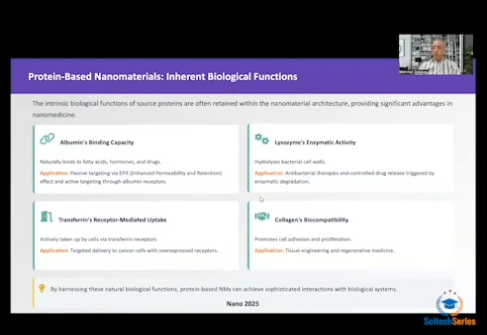And also, if transferrin nanoparticles are used, they are actively taken up by cells via transferrin receptors. Because of these properties, nanoparticles may sometimes not require additional surface modifications.